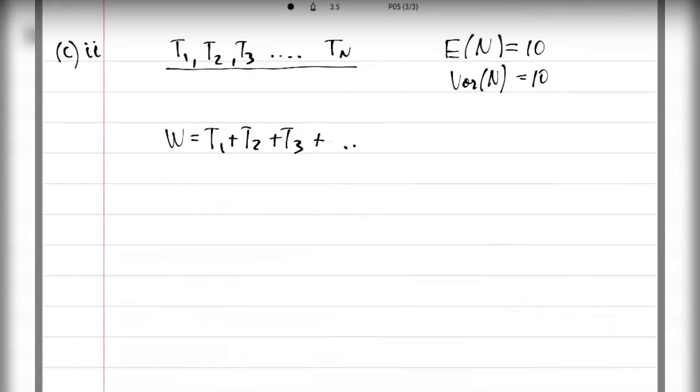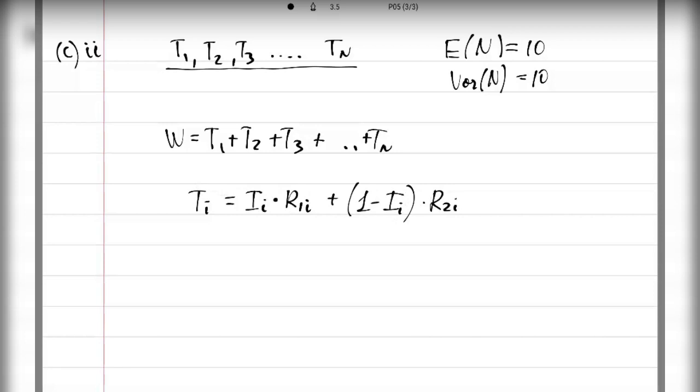Now, the total time for the whole exam is T1 plus T2 plus T3 plus Tn. And each of these Ti is equal to I times R1 plus 1 minus I times R2. So we have two sources of randomness.